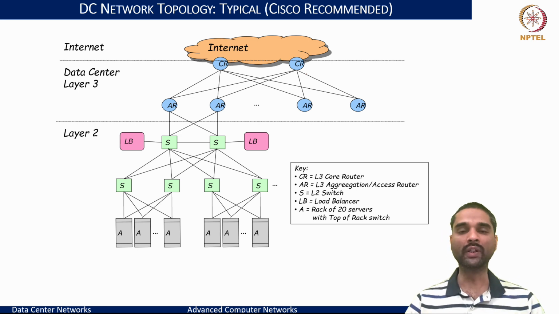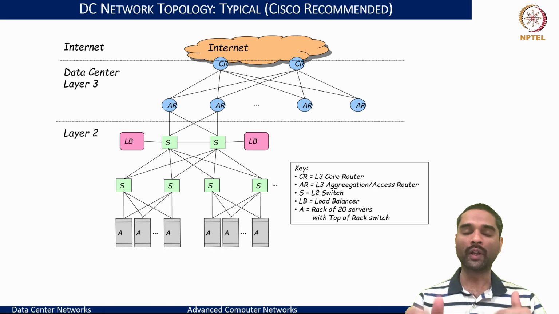Both the L3 core routers and L3 aggregation routers facilitate what we call the data center's layer 3 mechanism. This layer essentially is a gateway for connecting the inside and outside worlds.